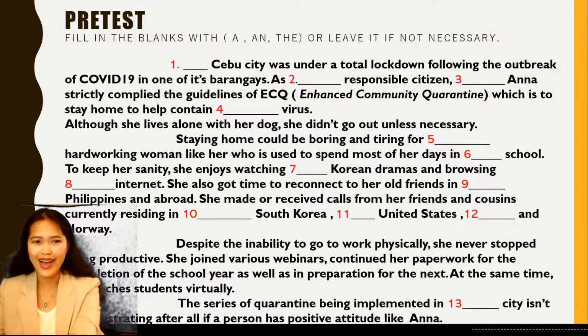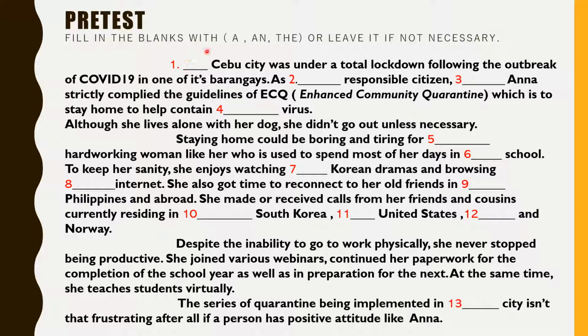Let's reveal the answer of this question. We don't use an article with the name of a place. Cebu City was under a total lockdown following the outbreak of COVID-19.